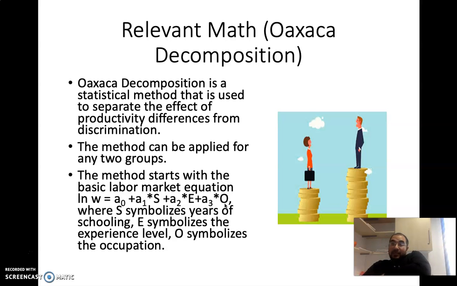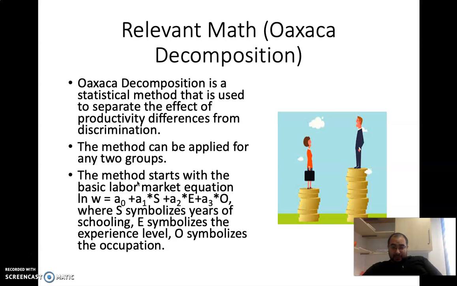Being part of some ethnic groups might mean you cannot even have a chance to get into that occupation. As a result, the values of these variables for different ethnic groups might also be highly dependent on discrimination. So by assuming these factors are independent of discrimination, Oaxaca decomposition might be finding the effect of discrimination on wage lower than it actually is.